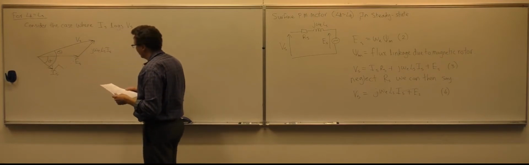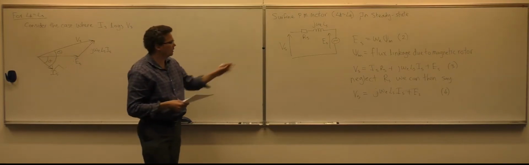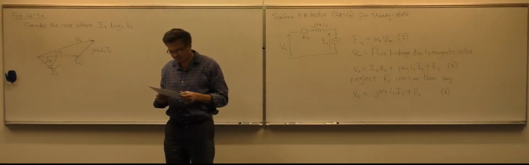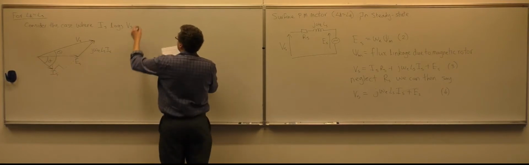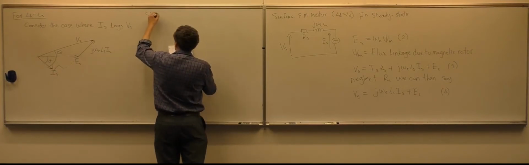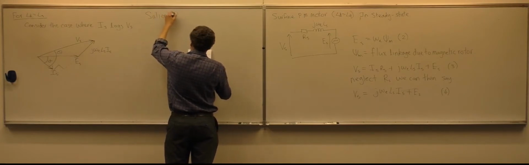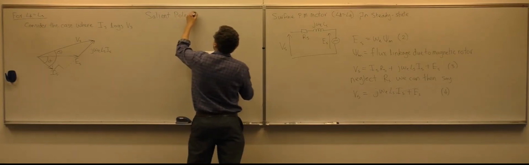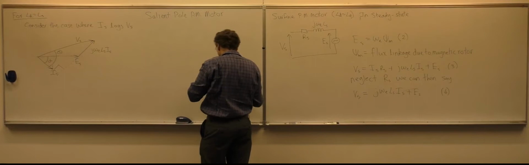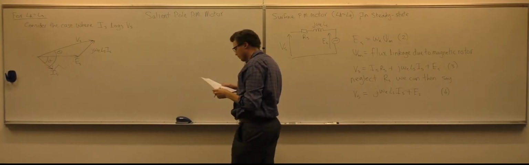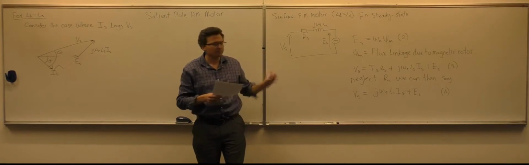Okay, so that's so we can draw the phasor diagram, and we can draw the equivalent circuit. So now if we look at the salient pole permanent magnet motor, there isn't a good equivalent circuit.